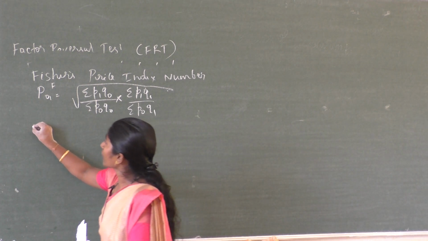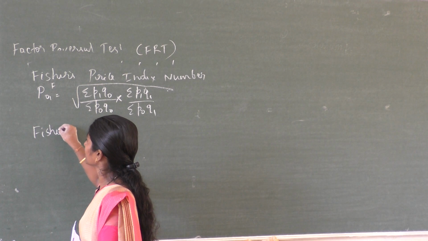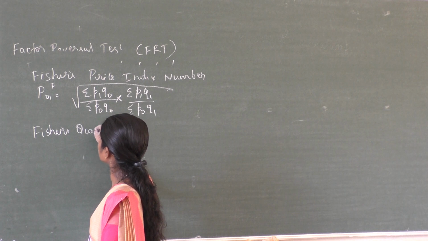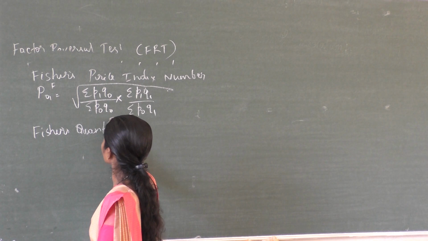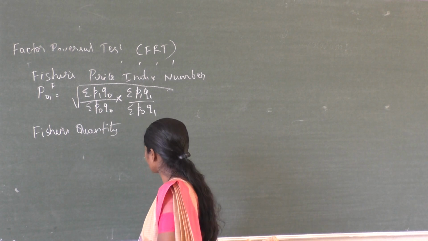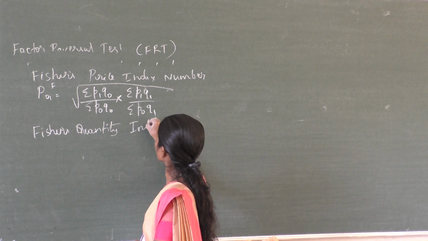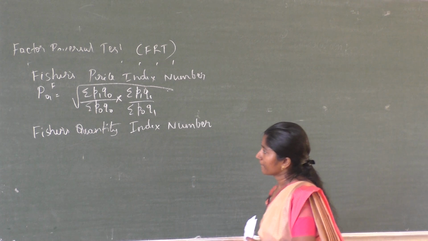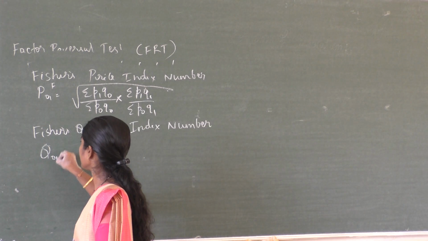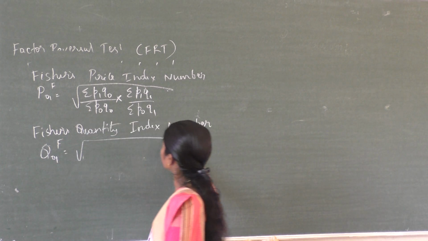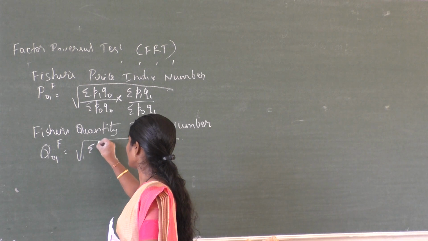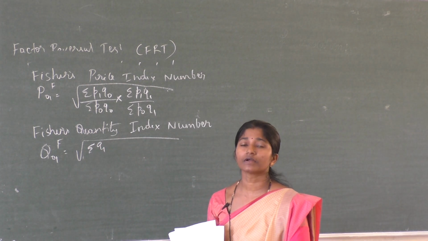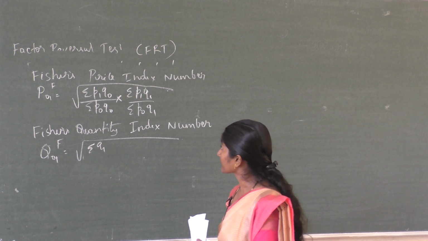Next, Fisher's quantity index number. Here the weightage is taken for the price.